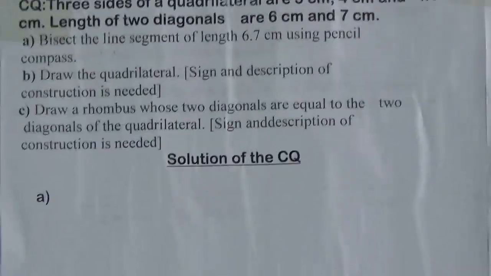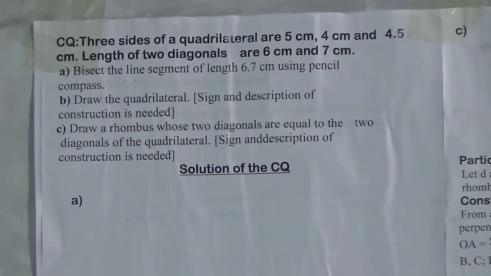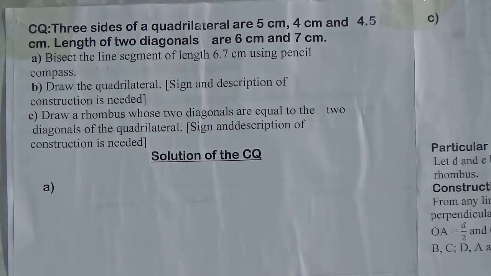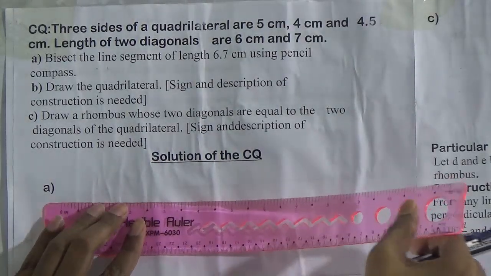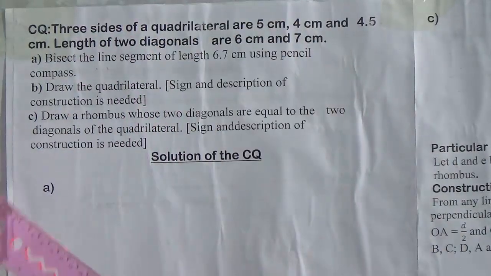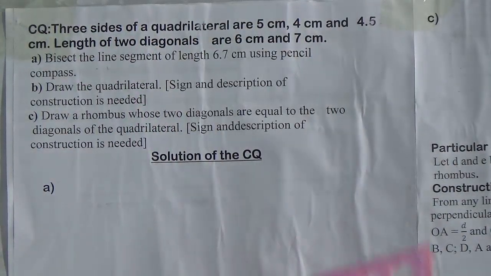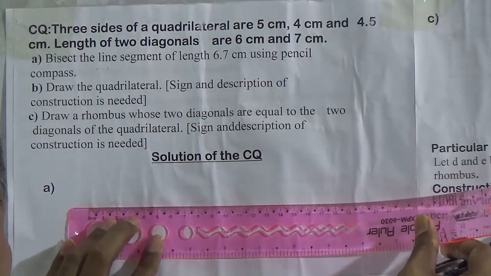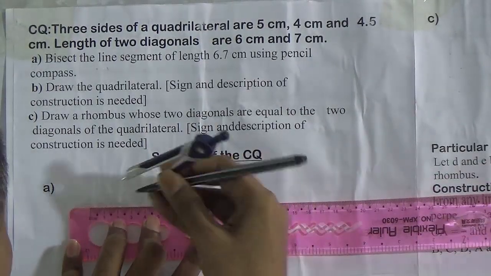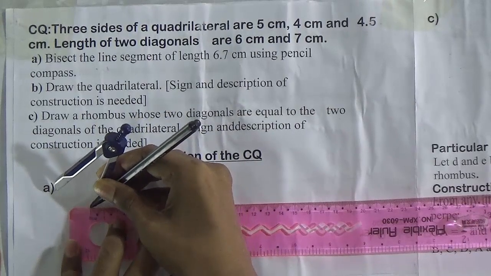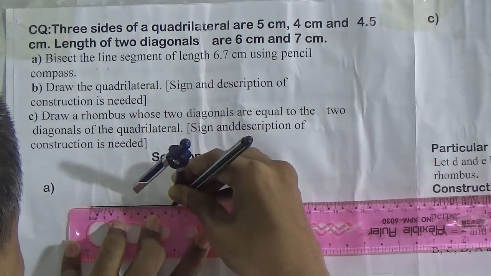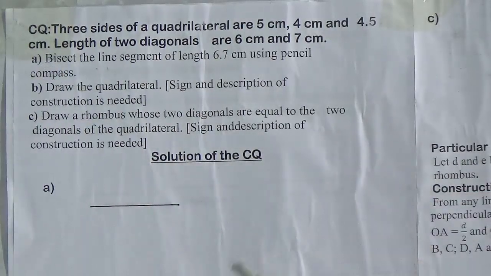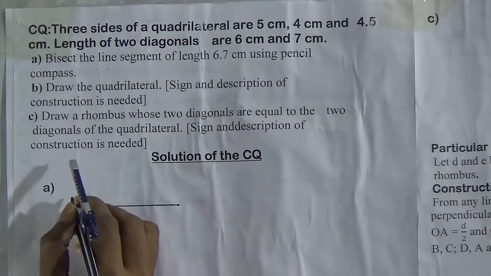You see the A number question. Bisect the line segment 6.7 cm. Look, at first we take 6.7 cm. This is 6.7 centimeter. Okay, give the name.